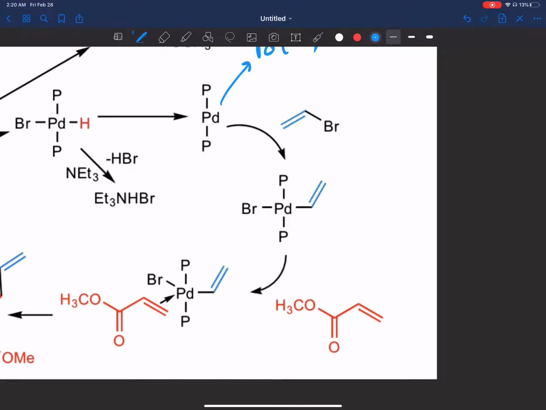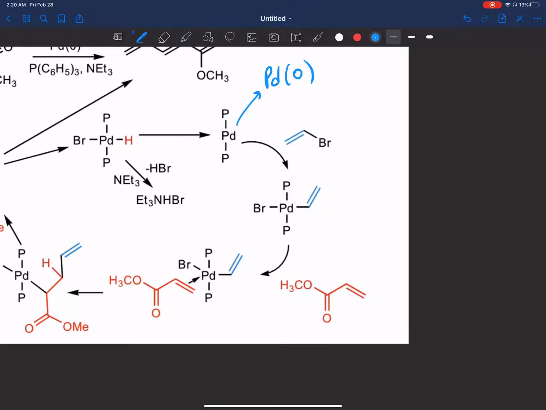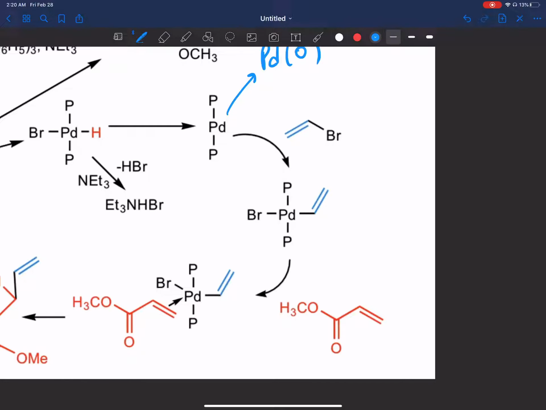On our new intermediate, the bromine is directly bound to my palladium, and so is the carbon of that double bond. Now, if you can't remember if these are X-type or L-type ligands, remember we can always break the bond backwards, dissociate the bond. We know that the phosphorus ligands are still L-type, so they don't contribute to my oxidation state.